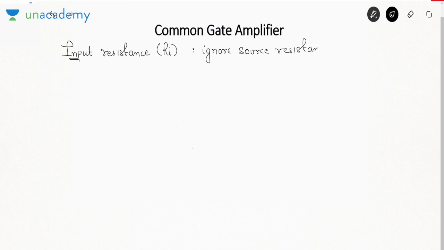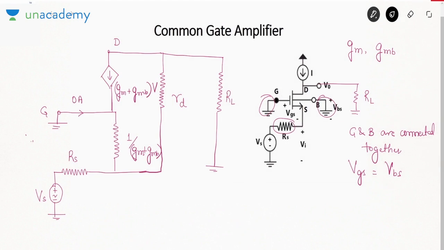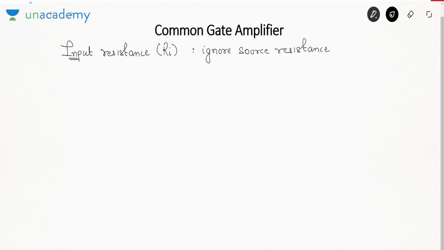We will never consider the source resistance. So now see, we want to find the input resistance, which means I want to find the ratio of voltage after the source resistance and the source current. Why am I not taking Vs? Because if I take Vs upon Is, then this Rs will also be included. So I'll say Ri is Vi upon Is.